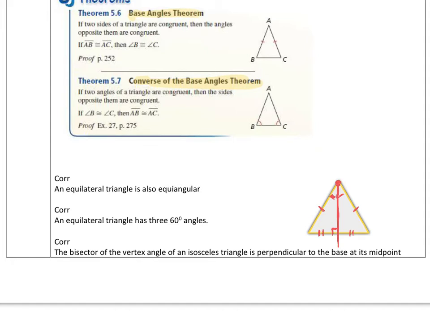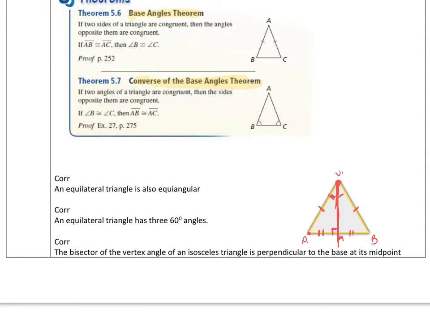So this segment right here, this AB segment, will be congruent. So if this is an isosceles triangle and the bisector of the vertex angle, it will be perpendicular to this base, and it will be here at this midpoint.